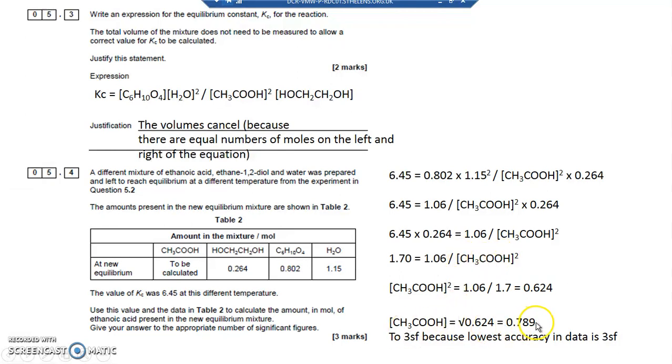Square root it, 0.789 is the concentration of the ethanoic acid. And I've done it to 3 significant figures because the other values are to 3 significant figures also.